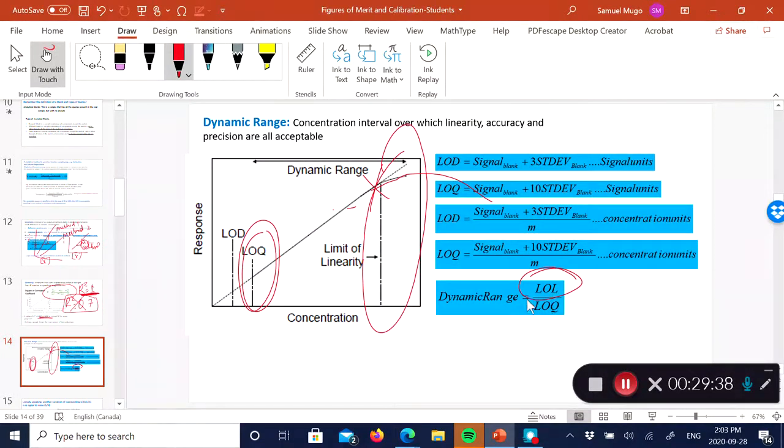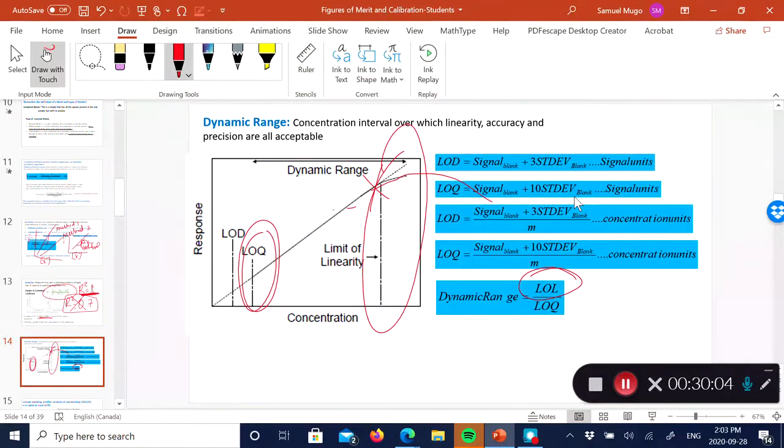So how do you calculate the limit of detection? The limit of quantification is calculated by this equation here. And you calculate it as follows: the sigma of the blank plus 10 times the standard deviation of the blank. All right. So that's how you calculate the limit of quantification in a quantitative sense.